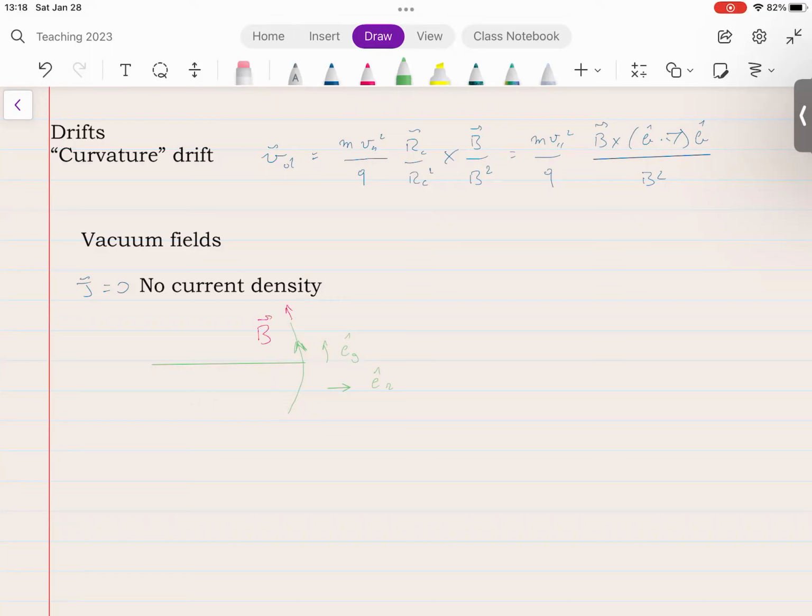And this distance, of course, is r. That's going to be equal to our radius of curvature. I'm going to look at a static case, and therefore del cross B is 0.